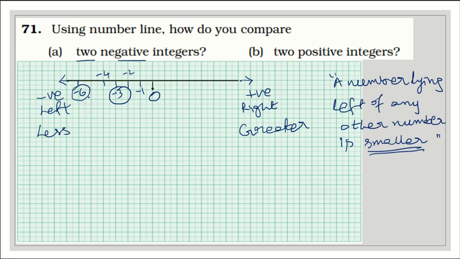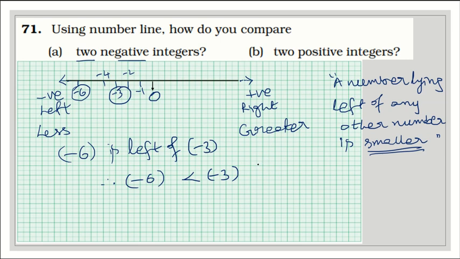Here -6 is left of -3, and it is far away from 0 when compared with -3. I say -6 is left of -3. Therefore, -6 is less than -3. This is how I can compare.